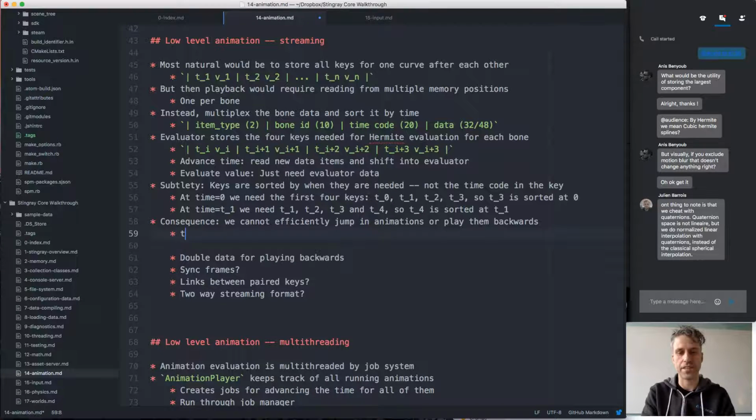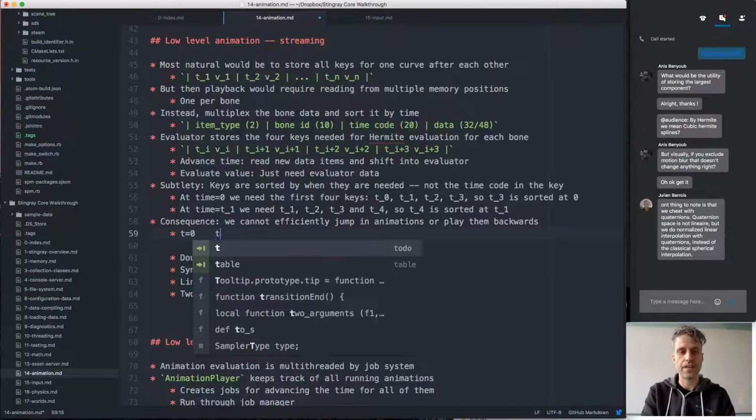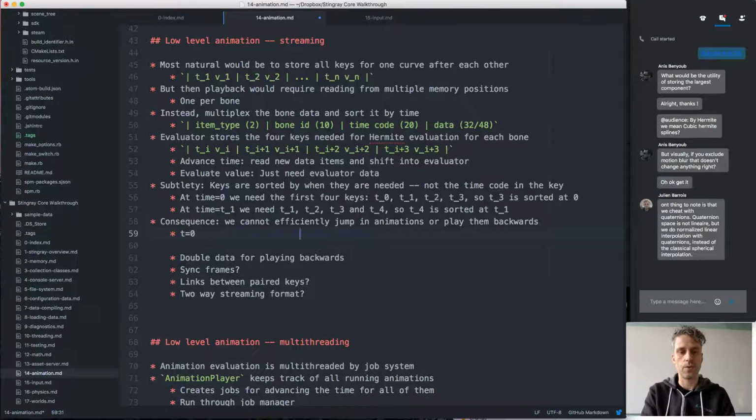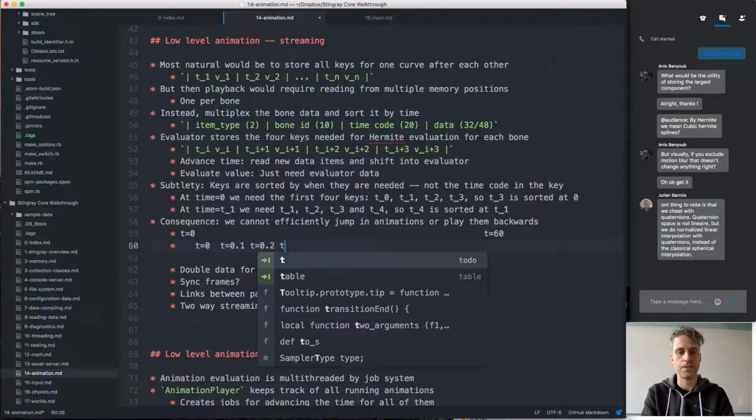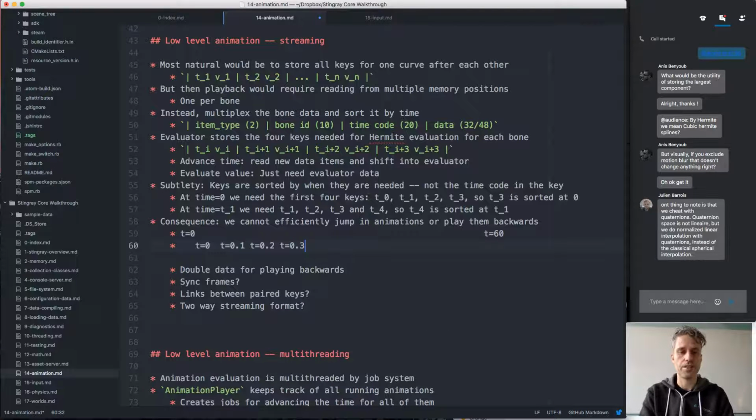So one curve might have keys just at time 0, and then all the way at time 60 seconds maybe. And then we have another curve that has a key at time 0, that might come after that in memory, and then it has a key at time 1, until time 2, until 3, and so on.